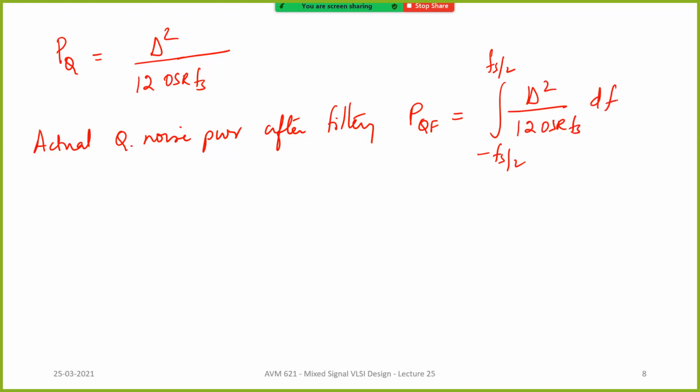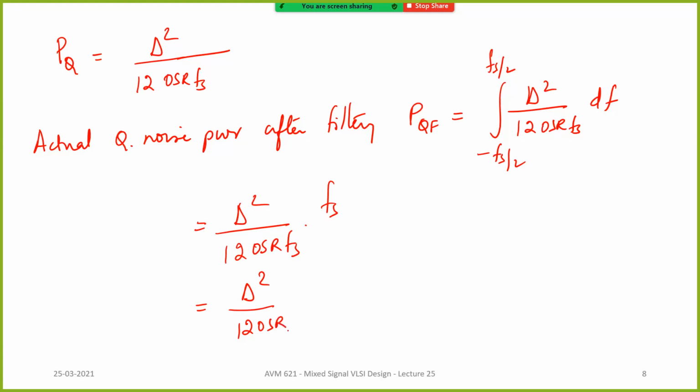Now, what will this evaluate to? Del squared by 12 OSR are constants. Fs is also a constant. You will have Fs by 2 minus minus Fs by 2, you will basically get Fs. So what you are having is del squared by 12 OSR.